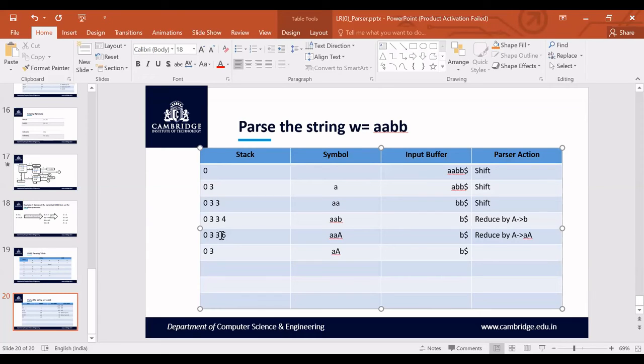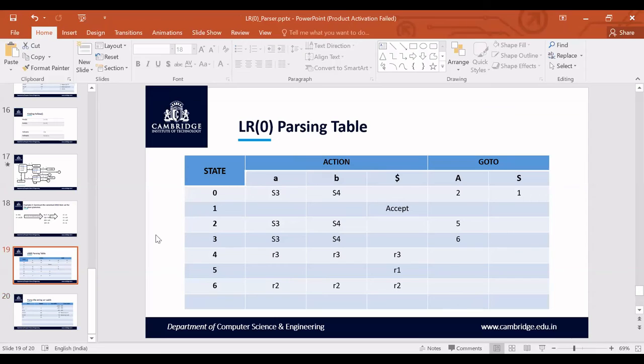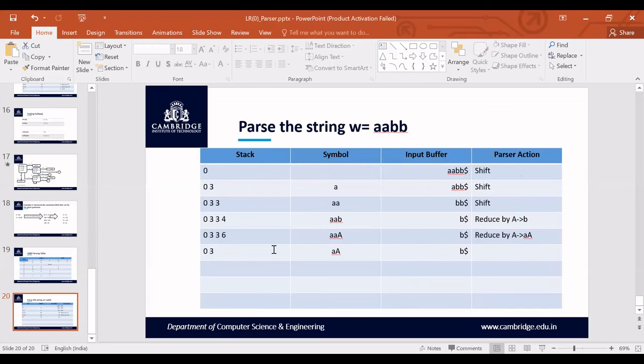Once I pop out these 2 states, now I'll have to take a transition of state 3 on the newly reduced symbol. Which is the newly reduced symbol? A. Okay. 3 on variable A. Check the parsing table: 3 on variable A is 6. Push that 6 onto the stack top.